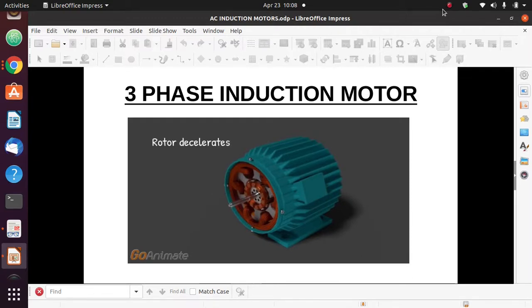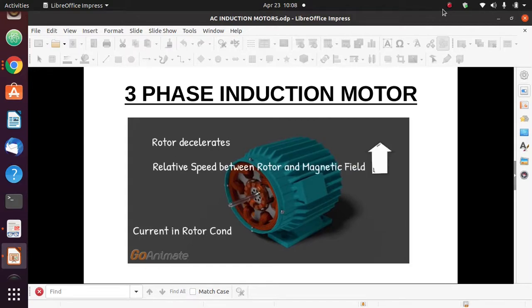As the rotor decelerates, a relative speed between rotor and rotating magnetic field is re-established, and hence there will again be current induced in the rotor conductor, which causes mechanical force to act again on them. As a result, the rotor again accelerates to reach the speed of the rotating magnetic field.